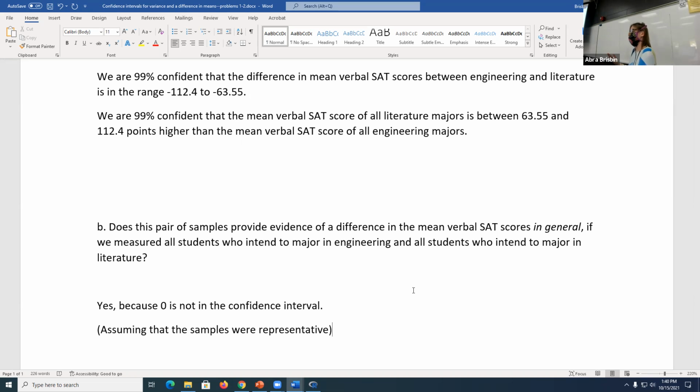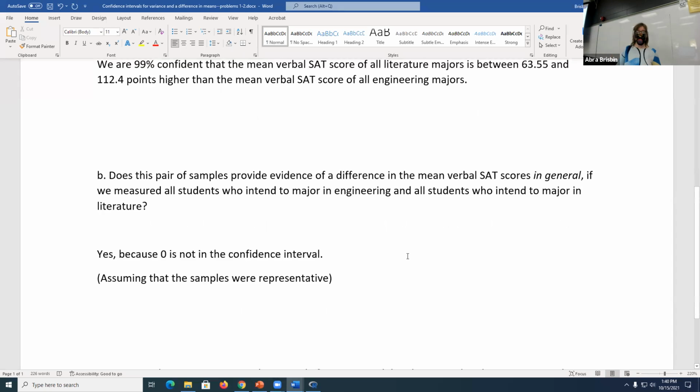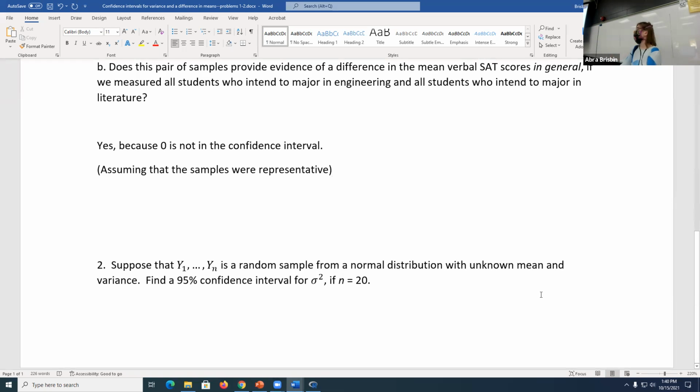This comes up in quality control, for example, when you want to make sure that the precision of a particular machining process is within a certain range. So take a look at problem 2 and think for a moment to yourself about what you might use as a pivotal quantity.